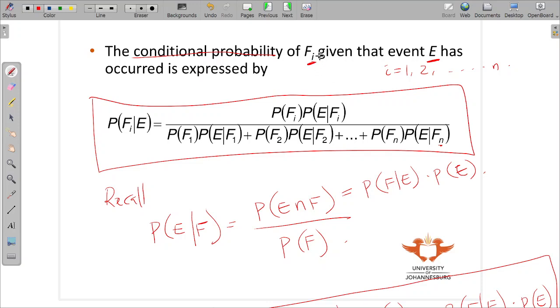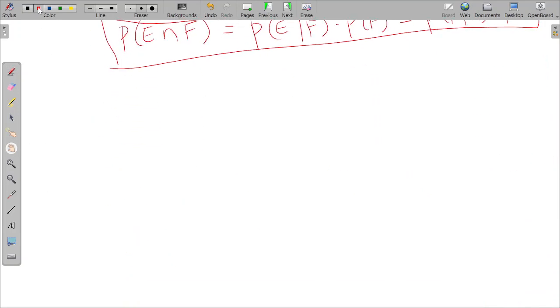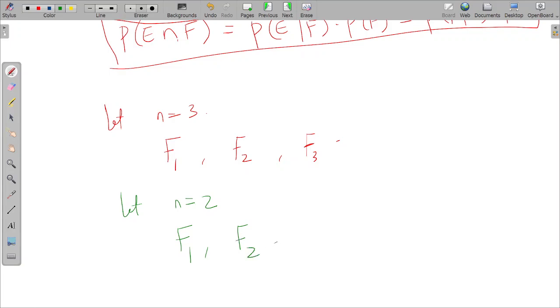If n is 3 parts, let's assume n equals 3, then we're going to have F1, F2, and F3. But if n is 2 parts, then we're going to have F1 and F2.